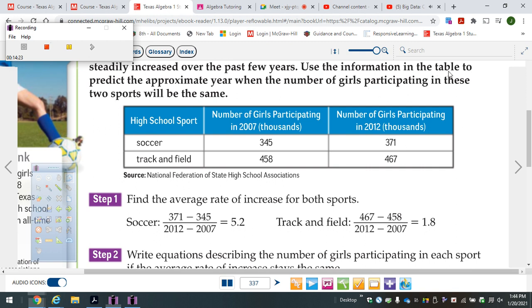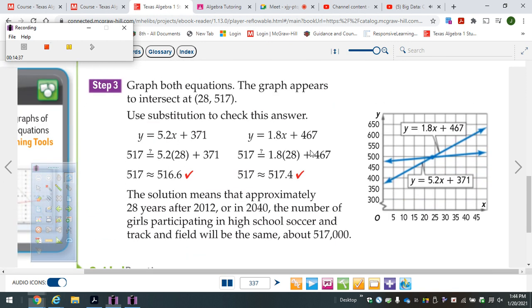Use the information in the table to predict the approximate year when the number of girls participating in these two sports will be the same. So about what year do they cross-ish? Or about, and how many years will it be?